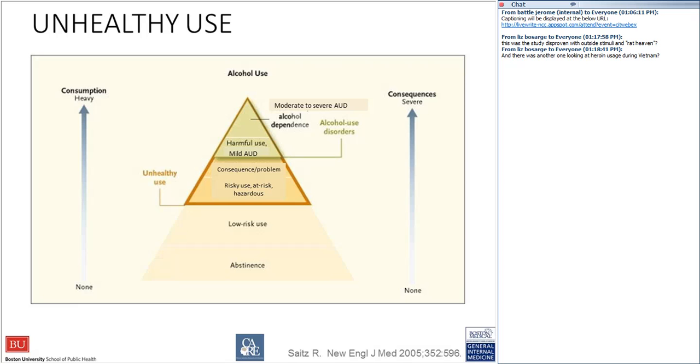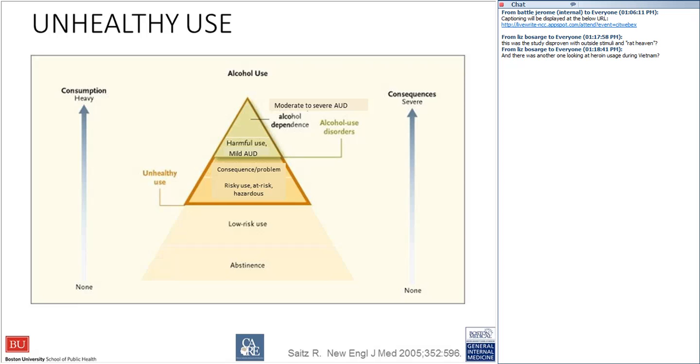But then in the more orange part of the triangle, towards the bottom of the unhealthy use triangle, you see risky use or at-risk use. And those are people who are using substances but don't meet criteria for a disorder. They may, in fact, not have a health condition or a disease, but they're at risk.